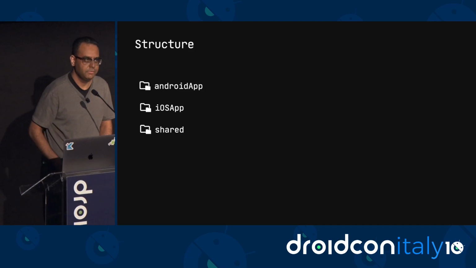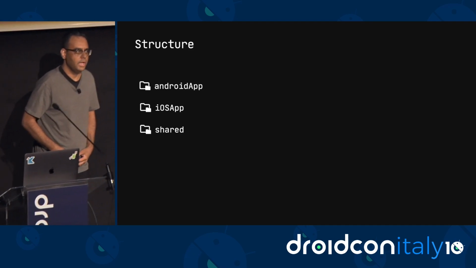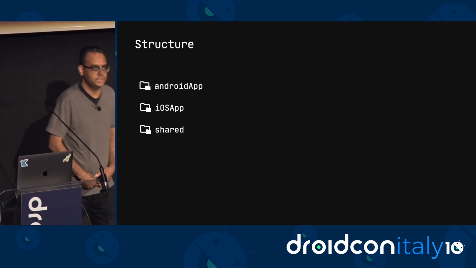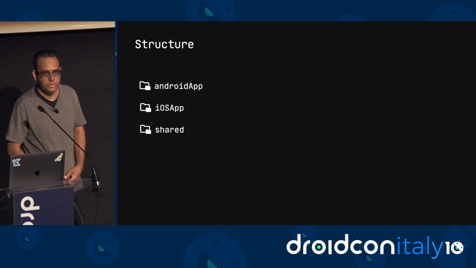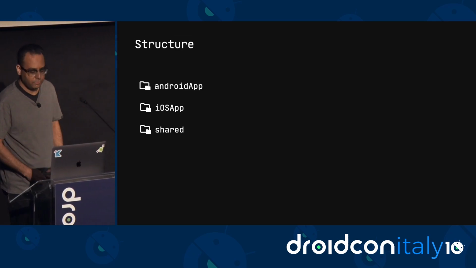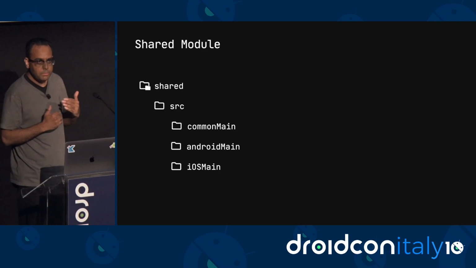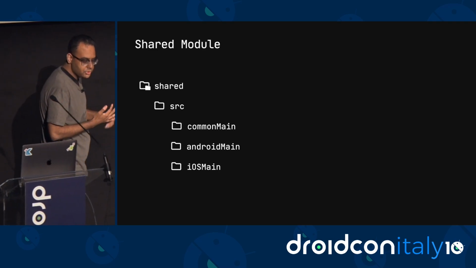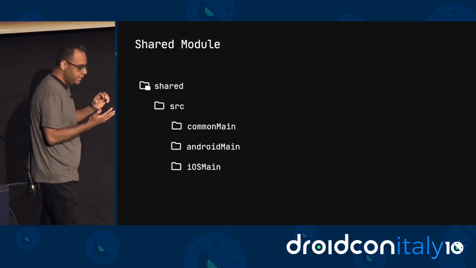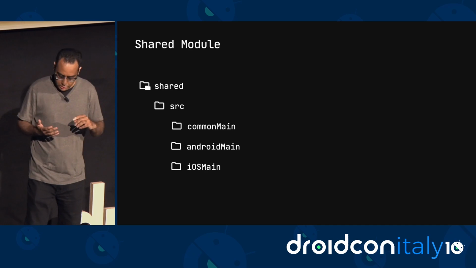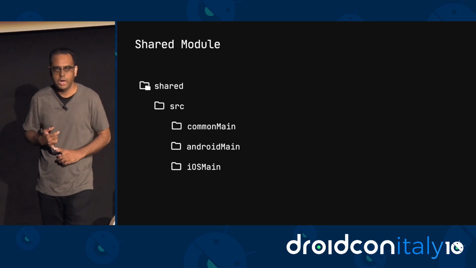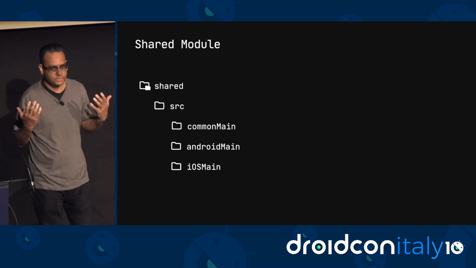It's an Objective-C framework. It's not a SwiftUI framework, and that has its challenges. There was a great presentation yesterday on how do you build APIs to make it Swift friendly. So it's an Objective-C framework. So in the shared module, you got common main, Android main, iOS main. Why is this important? Well, in common main is where you write your common APIs, hence the term.